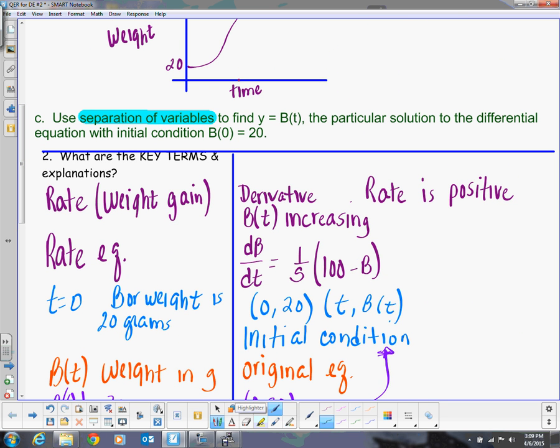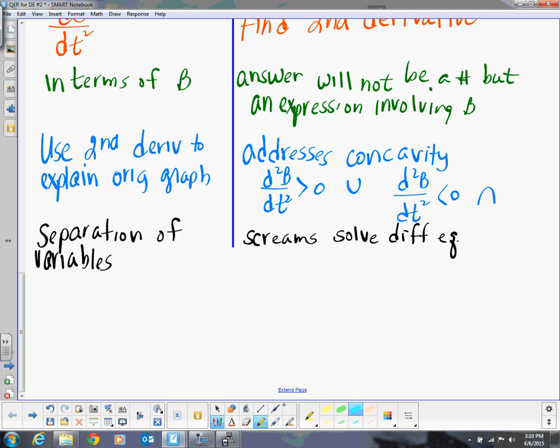It says use separation of variables to find the particular solution to the differential equation with the initial condition (0, 20). So that means we're definitely going to use (0, 20), if we haven't used it yet, to find C in our differential equation.